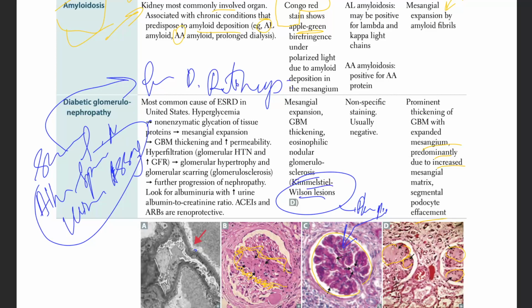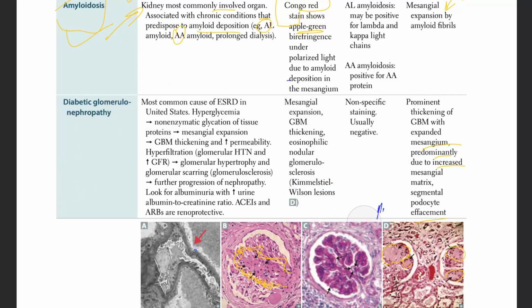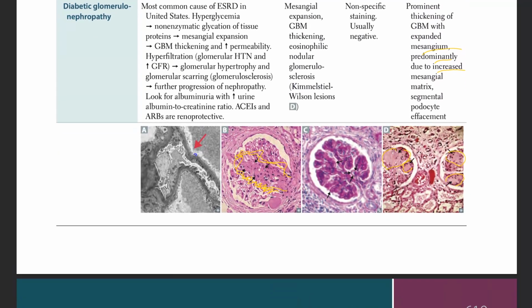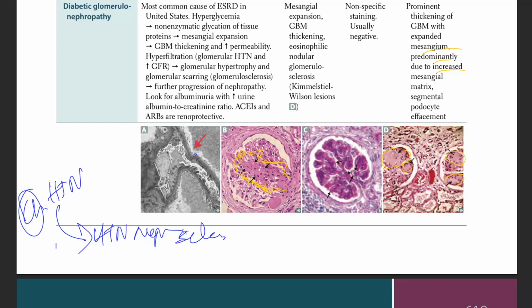Now let's compare diabetic nephropathy with hypertensive nephrosclerosis. So let me just draw it and write it here. Let's talk about hypertensive nephrosclerosis. That is due to the fact that chronic hypertension causes hypertensive nephrosclerosis.